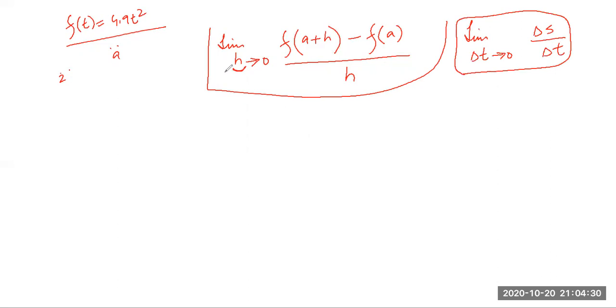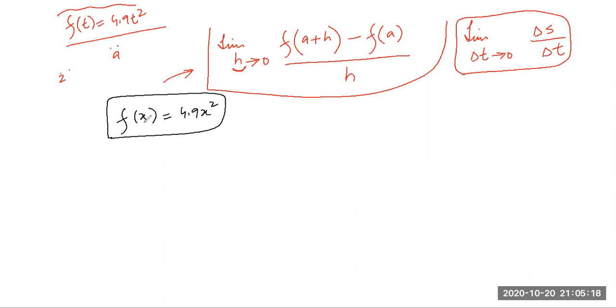Whatever it is, I want the answer. So I'll rewrite the function in this way. How will I rewrite the function, students? Give me a second. I can write this function as f of x is equal to 4.9 x square.